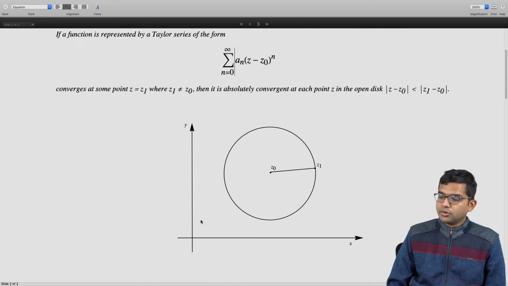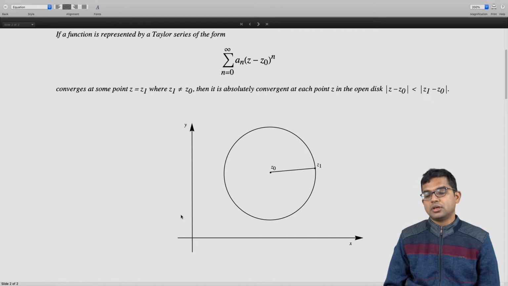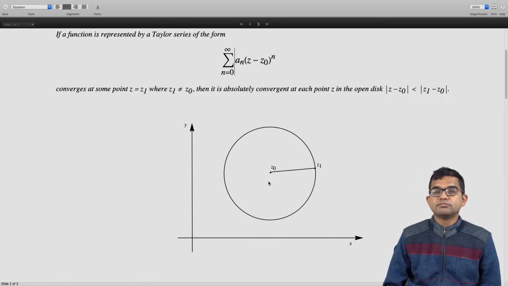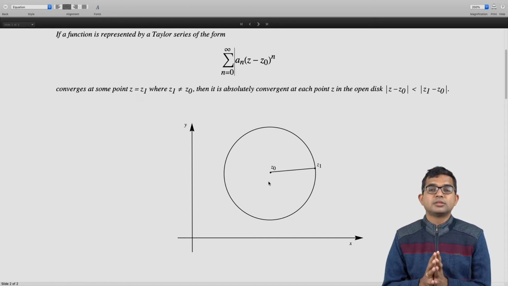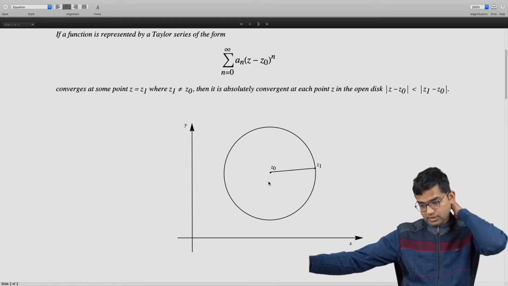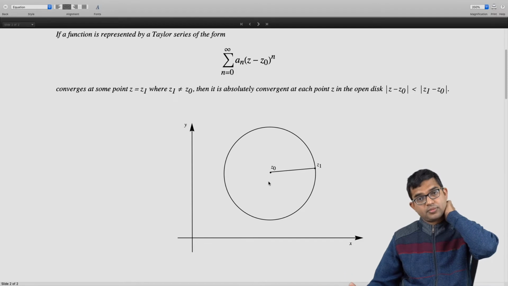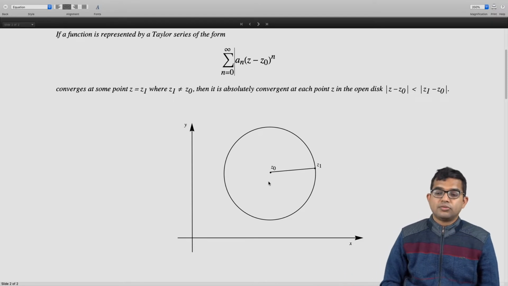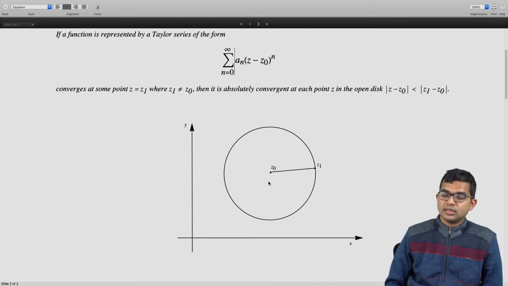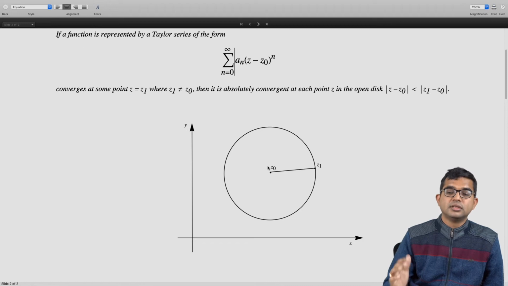We will not go into the details of this argument, but basically it's true. So what it boils down to is, if you are given a Taylor series about some point, and there is another point z1 some distance away, then for sure in this entire interior region, you're guaranteed that this Taylor series will converge.